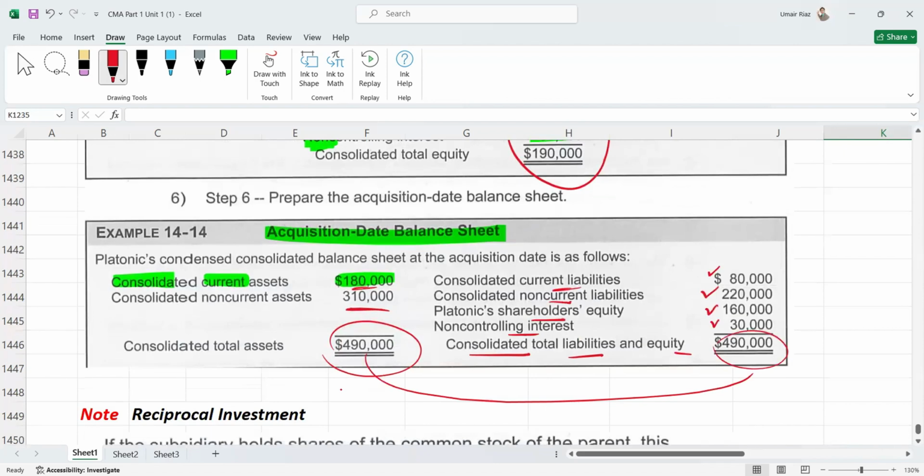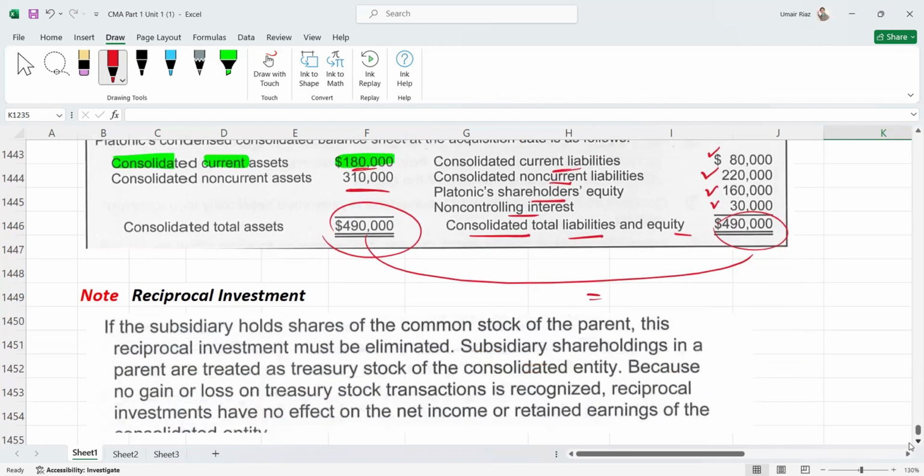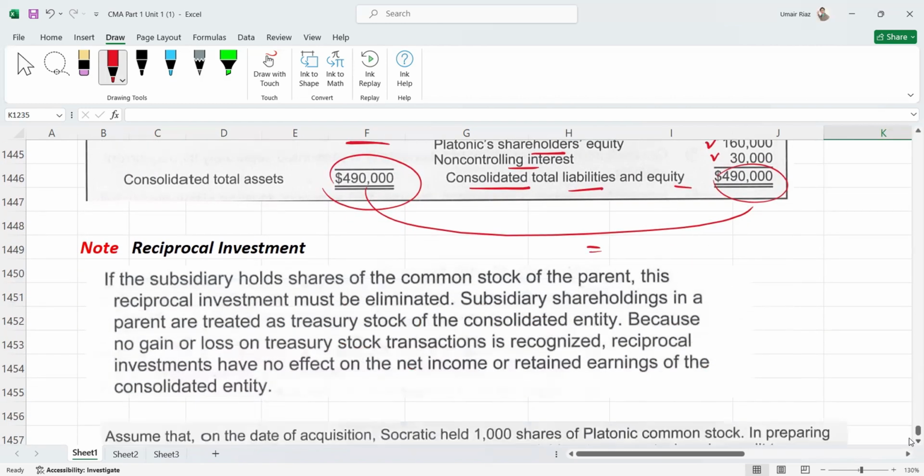And please remember, assets equal liabilities plus equity, right? And this is a note just for your information. I don't think they will test it in the CMA exam. It's called reciprocal investment. We know parent invested in subsidiary, right? For example, 60%.